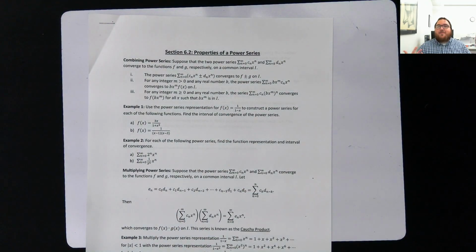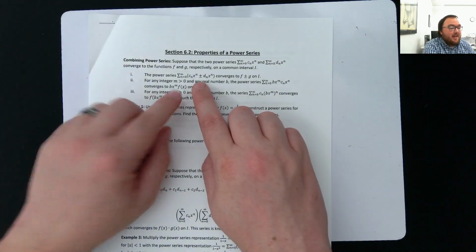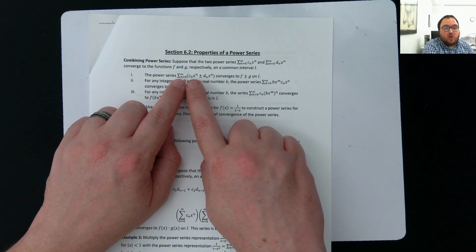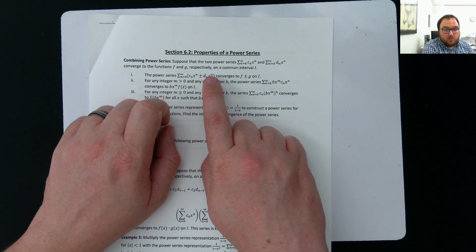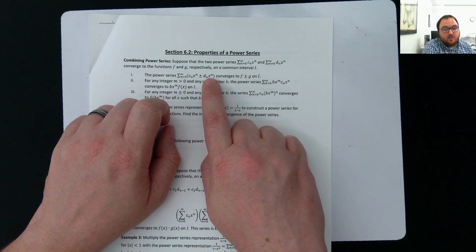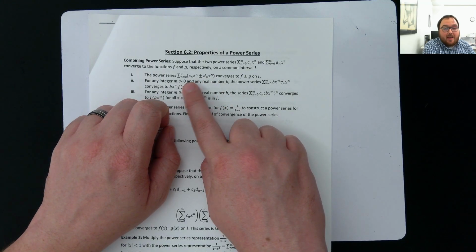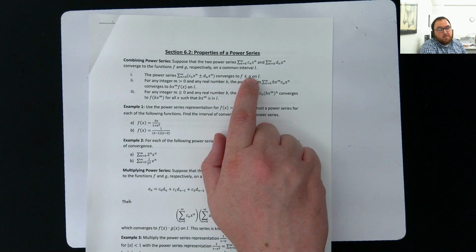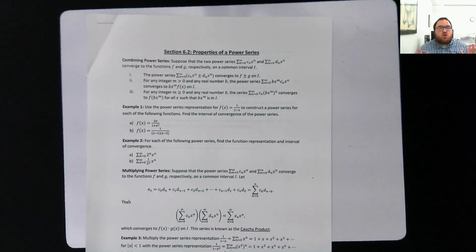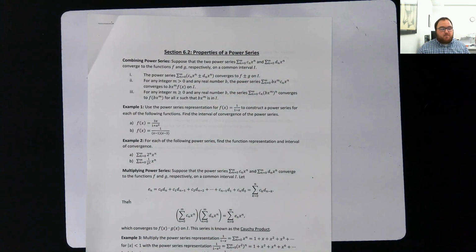Duh. You know what I mean? Because what I'm saying is this plus that. We already said this is f. We already said this was the g. So it makes sense. If I add them up, it's f plus g. Nothing new there. That's something we already knew.